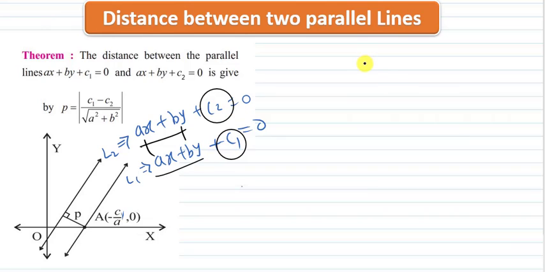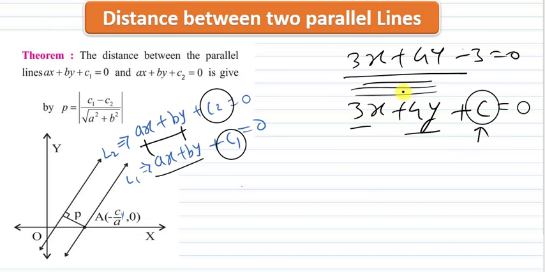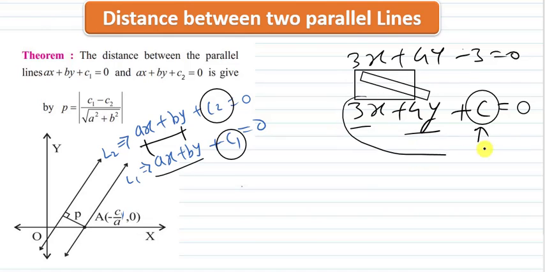So whenever the equation of a line is given, if you want to find the general equation of a parallel line, just take the coefficients of x and y the same and take any arbitrary constant to represent the parallel. As the value of c changes, you will get lots of parallel lines to this. Just remember this concept that we have used here also.